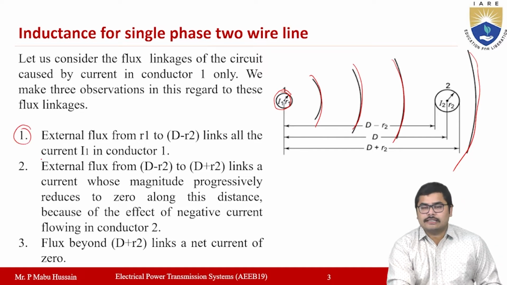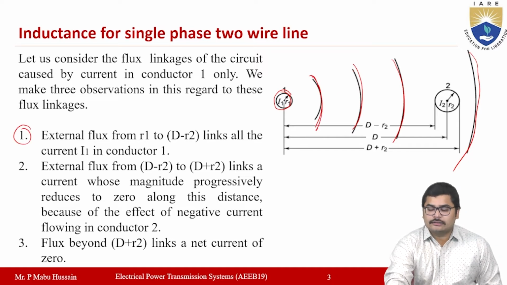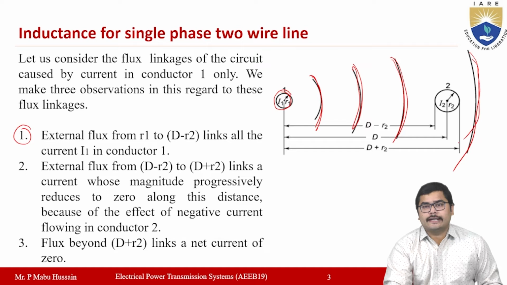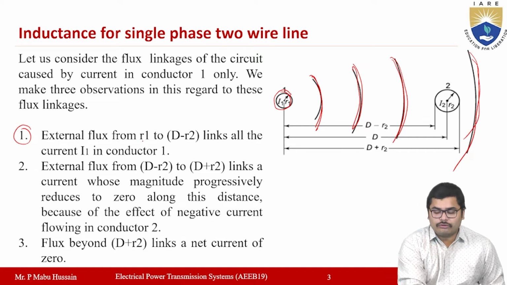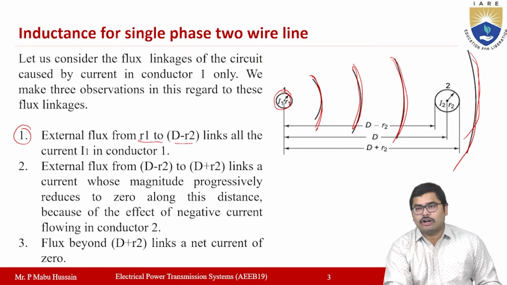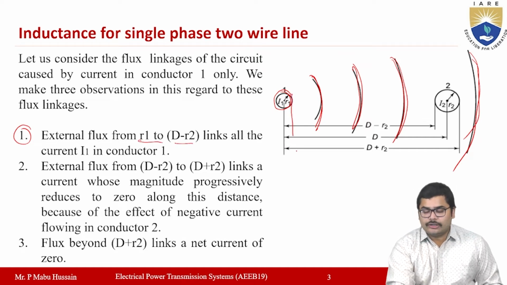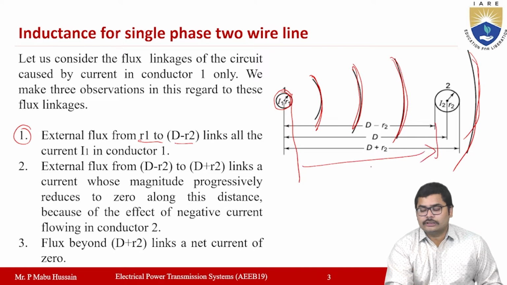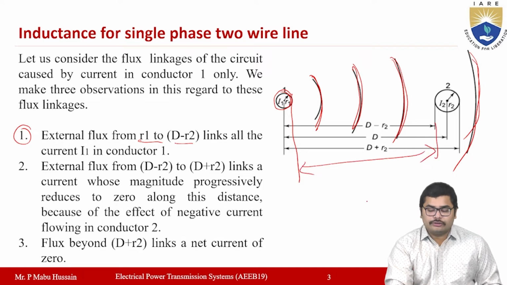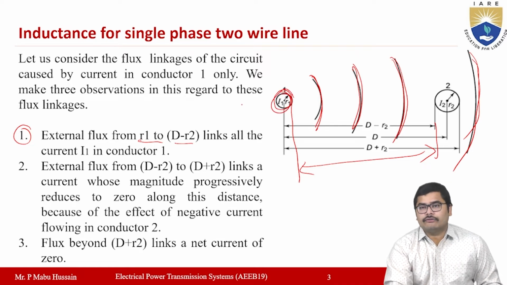The first observation is that the external flux of conductor 1 from R1 to D minus R2, from here to here, links all the current flowing in conductor 1.